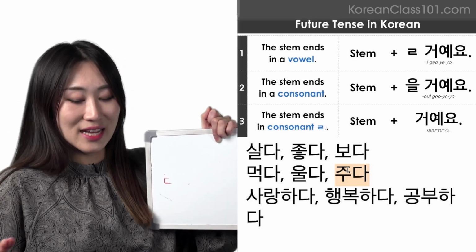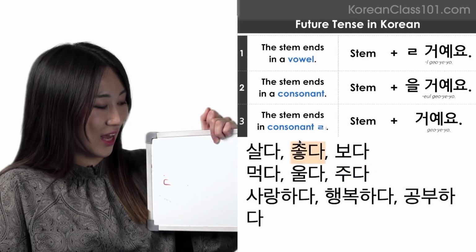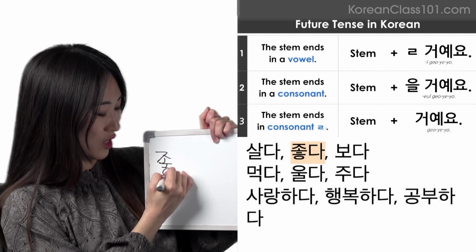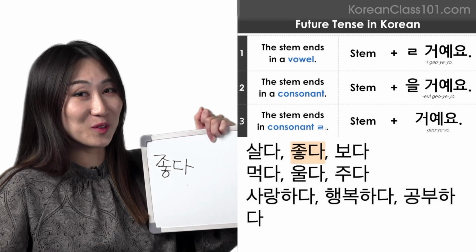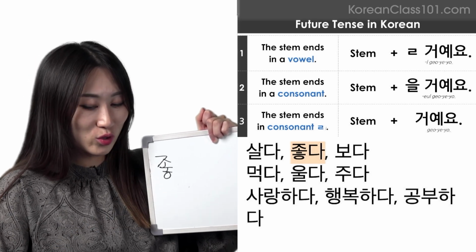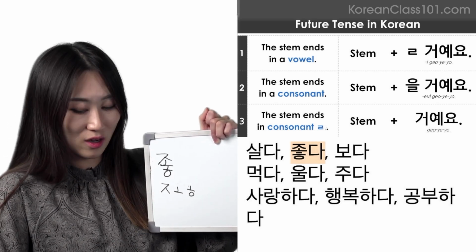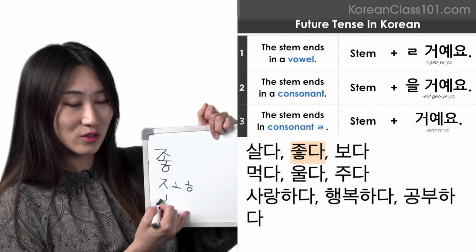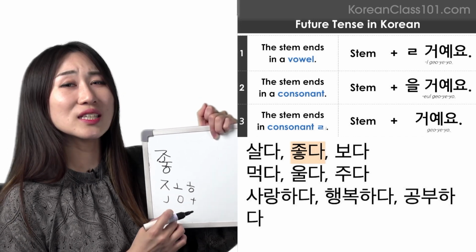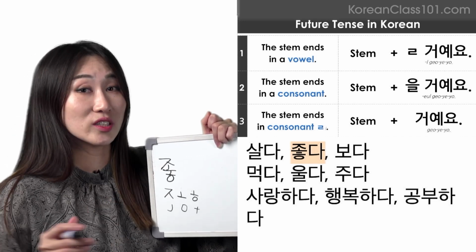Okay, so now let's try another word, 좋다. To be good. What is the stem? The stem is simple, right? Remove 다. 좋 is the stem. It's composed of three sounds: this one is kind of like J, kind of like O, and well, we don't have an exact sound for the last one, but 좋 ends with a consonant.